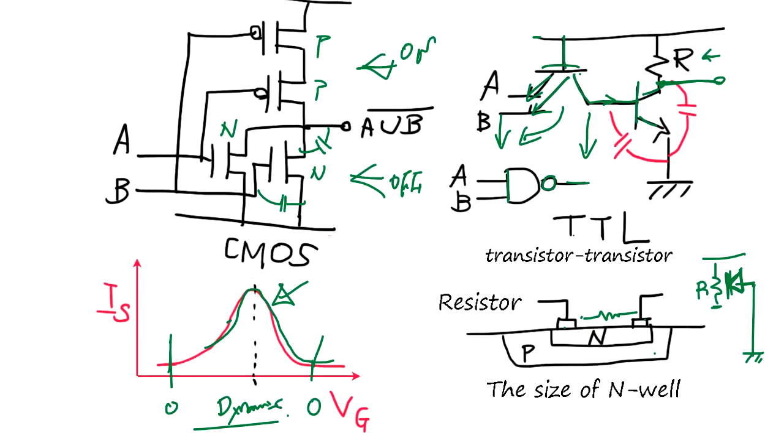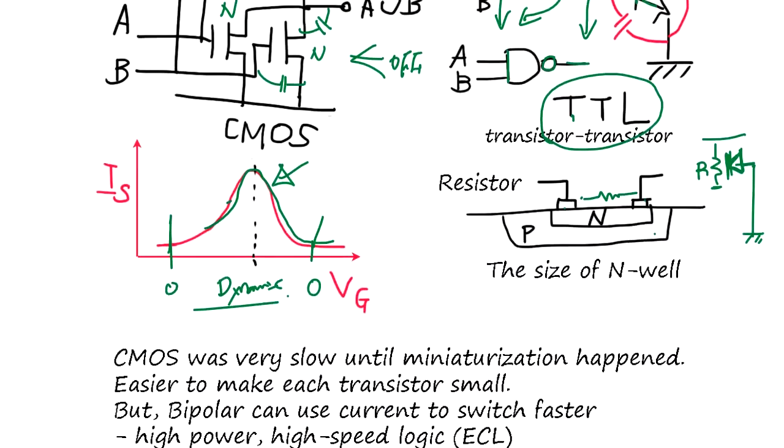Same as TTL. But TTL, besides that, has a constantly running current. That's why TTL is higher power. When you have millions of transistors, then bipolars become too much power. So CMOS is low power, because as long as it's not switching, it's zero consumption of power.